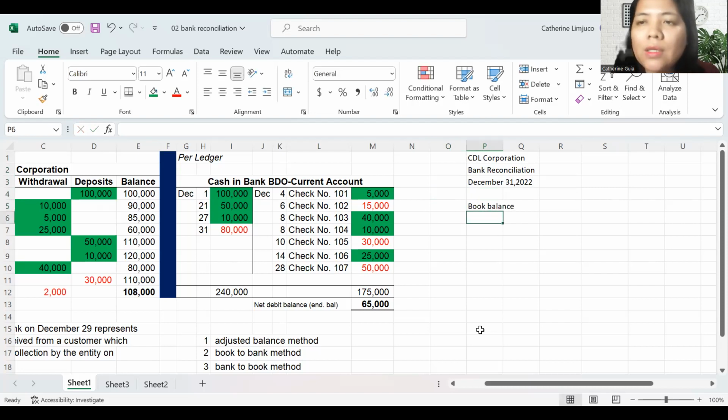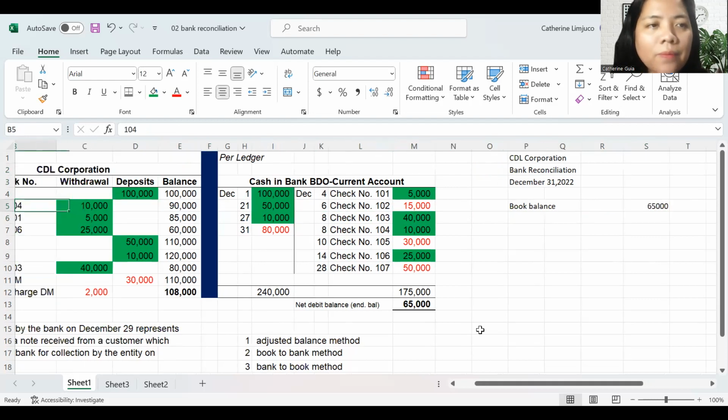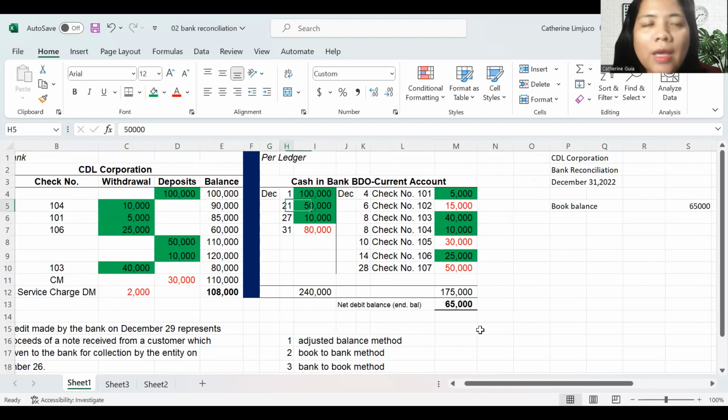Again, in book balance, we will identify items to come up with our adjusted book balance. Per ledger, our book balance is 65,000. Question: what are the items that we will reflect in our book balance in our adjustment here? So what are the reconciling items? We have actually 6 reconciling items in our reconciliation here, items which did not appear per ledger and items which did not appear per bank statement.